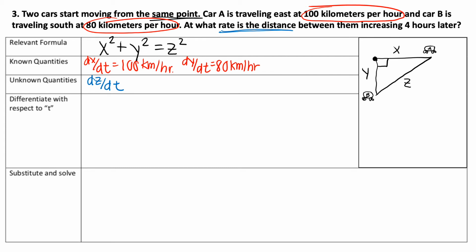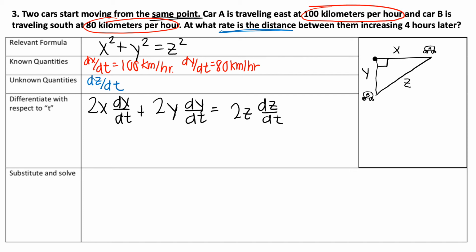Now, just like we have been in the last couple of problems, when we differentiate with respect to t, we're going to get 2x dx/dt plus 2y dy/dt equals 2z dz/dt. And that same trick that applied in those first two is also going to apply here.